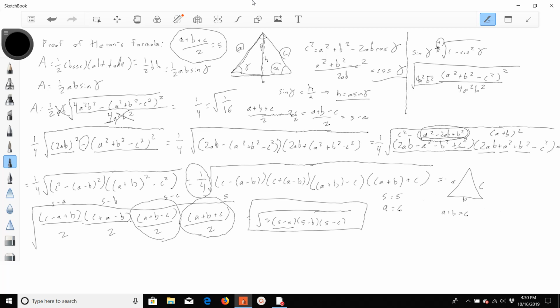Like, for example, consider this is 3, this is 4, this is 5. 3 plus 4 is 7, which is greater than 5, so this is a valid triangle. Now, if we let this side be 8 instead of 5, we'd actually have an impossible triangle.